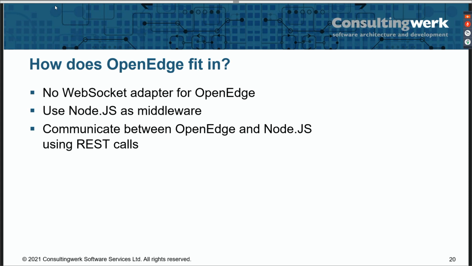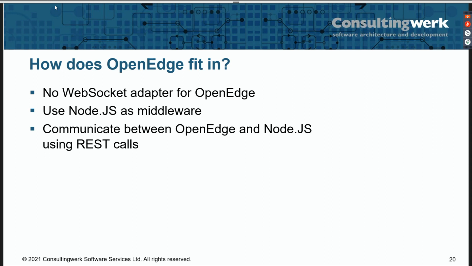If we want two-way communication, we also need a web handler in OpenEdge that will accept REST calls from the Node.js backend. So as far as clients are concerned, they will only be communicating via WebSocket. However, Node.js will pass either all of those requests or some of those requests, depending on your requirements, to OpenEdge.